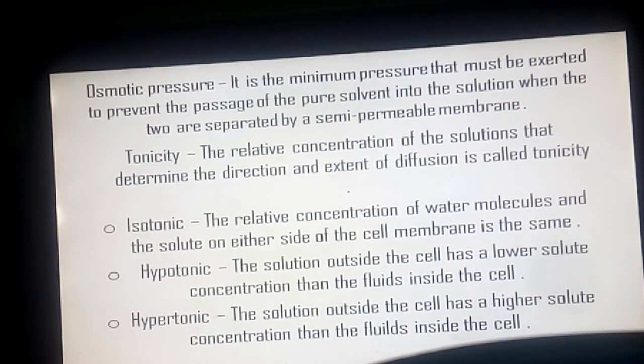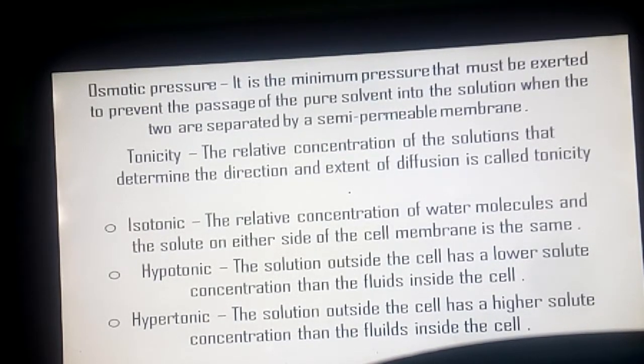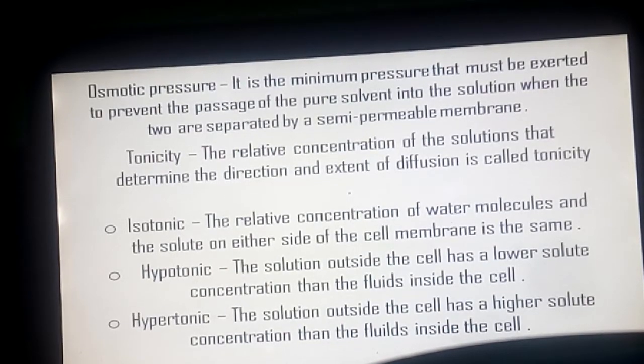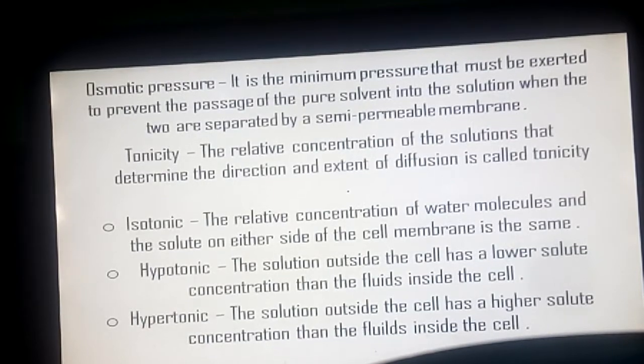So first isotonic: the relative concentration of water molecules and the solute on either side of the cell membrane is the same. So in this solution there is no net movement of water molecules across the cell membrane, so no osmosis.